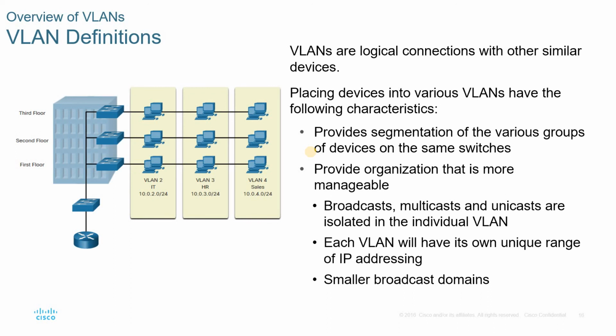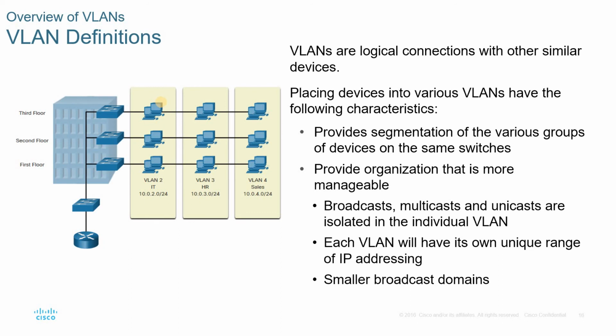All of those computers that are connected on a single switch form a single network. So whenever you add a host to that switch, it will become part of that network.